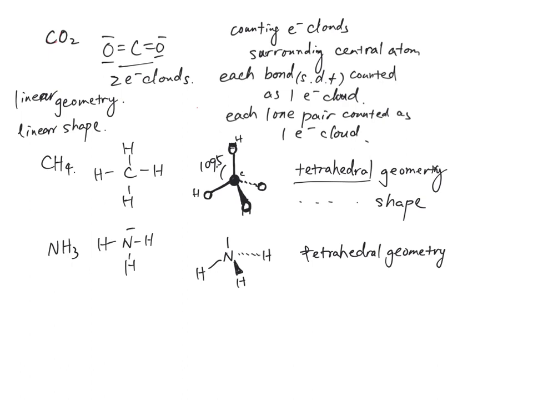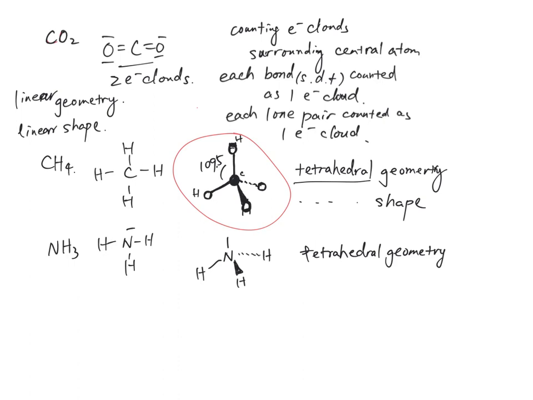Tetra means 4. Hedral really comes from head. This is a 4-headed monster. Count your hydrogens. You have 4 of them. Each of them is one of the heads for your structure. Do you have 4 heads here for the hydrogen?